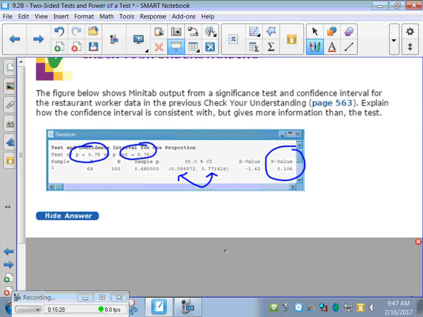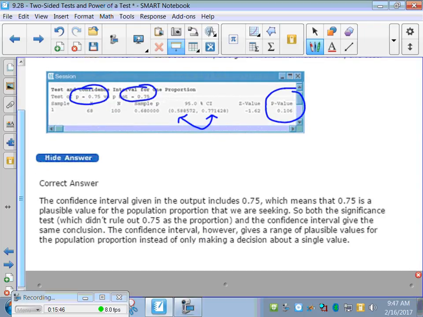Okay. So we would fail to reject the null. So it gives us similar information. But we get better information with our confidence interval because it gives us a range of numbers that work versus just saying, yep, 0.75 works. Okay?